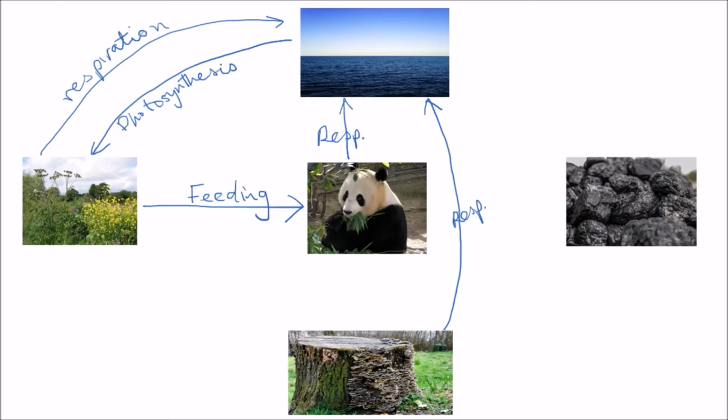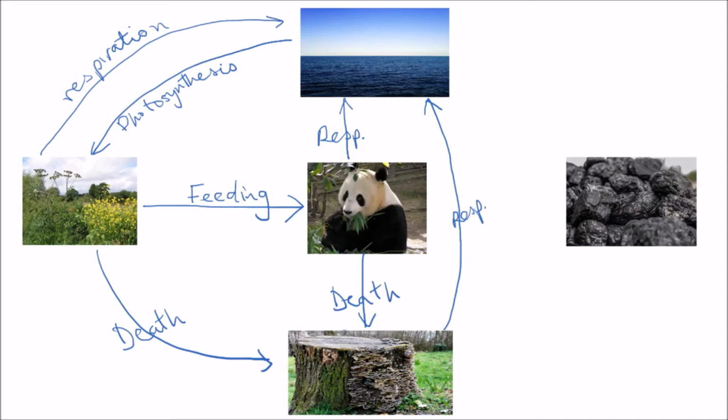So these plants and these animals, eventually they all have to die. So this is death, and death is one of the key processes in the carbon cycle. Now once they've died, they become dead organisms. The microorganisms will feed off of them and let off carbon dioxide into the air.